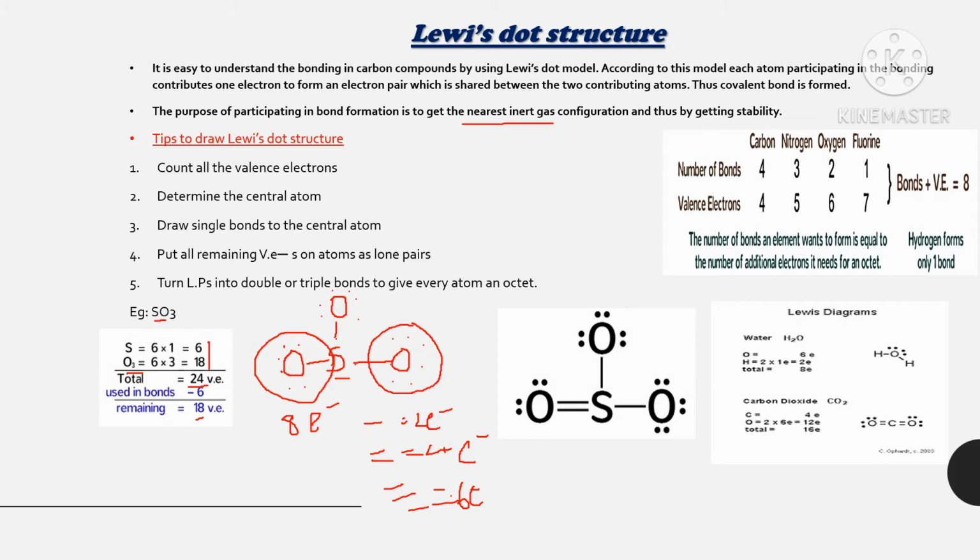So only 6 electrons are there surrounding the sulfur. It does not fulfill the octet rule. It needs 2 more electrons. So because of that reason, one pair of electrons from this oxygen is removed and paired to form a bond between oxygen and sulfur. So this is the structure of SO3.